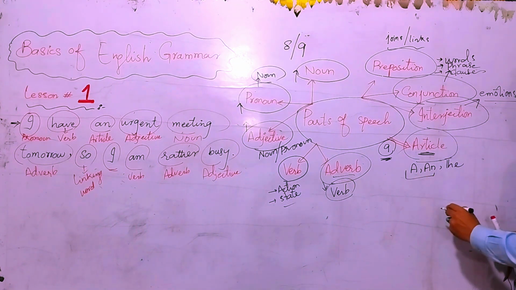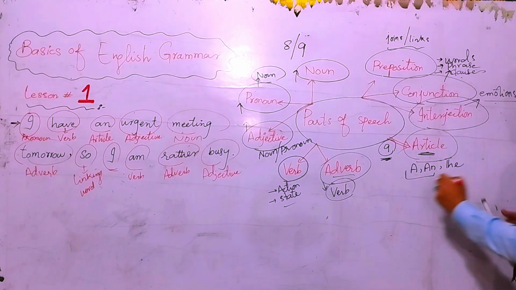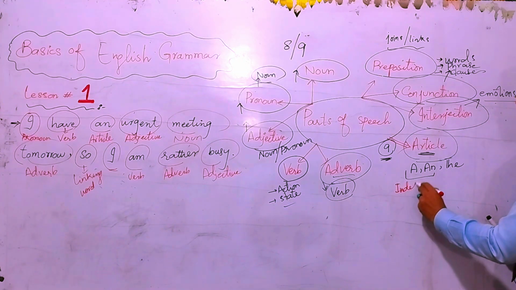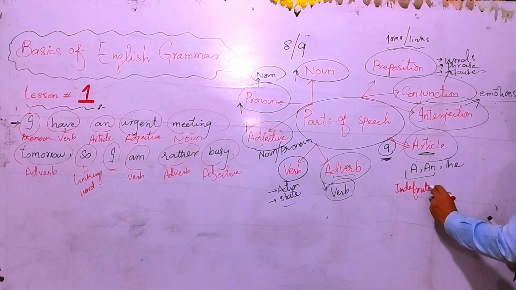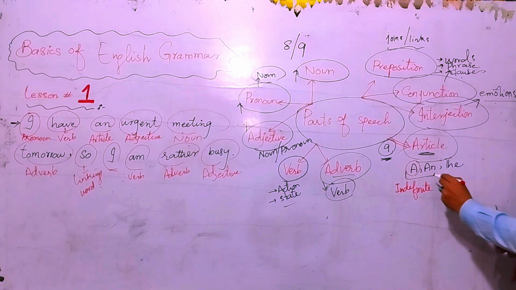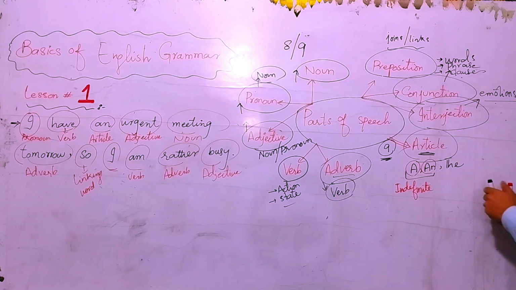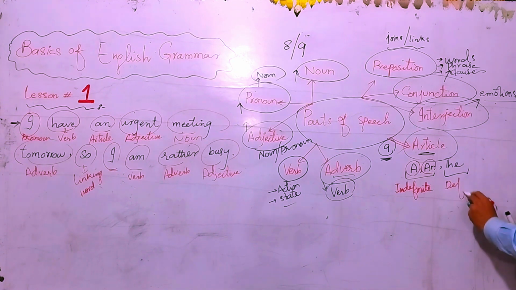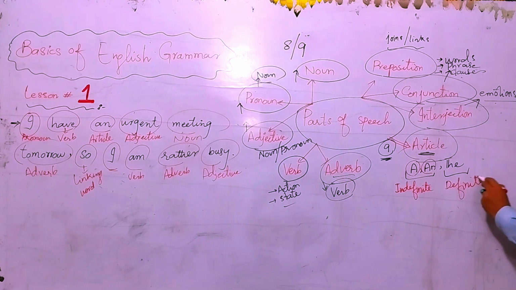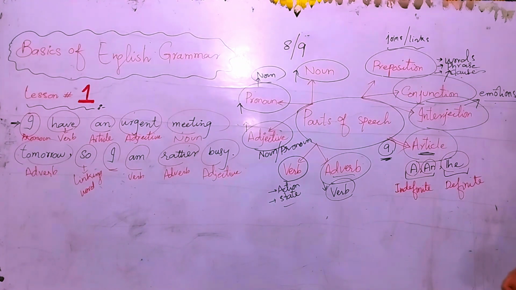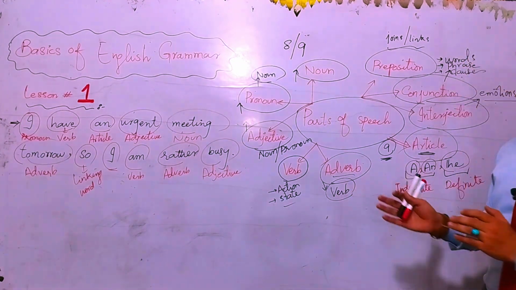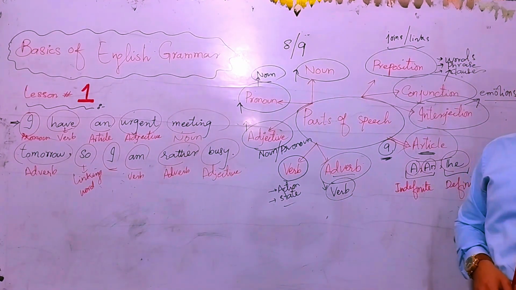The first category is called indefinite articles, and in this category we have a and an. The second category is called definite articles, and in definite articles we have only one member, that is the, or the. Both pronunciations are used. Okay, this is all about the brief introduction of parts of speech.